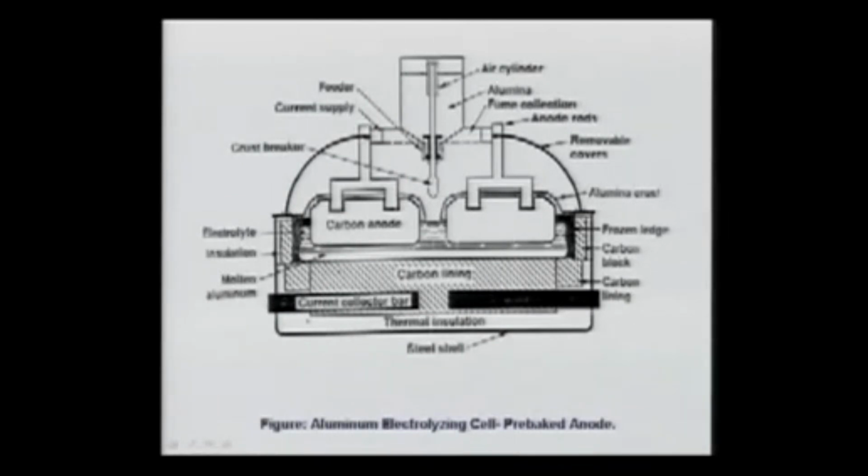It might be interesting to see the electrolysis process inside the cell. This picture, as you see here, is the aluminium electrolyzing cell, and this is what you will see as a pre-baked anode. I'll explain what this pre-baked anode really is, but let's focus on this picture first. Here, this is the cell, which is made of a cast iron or steel shell, and then you pass the current through this.